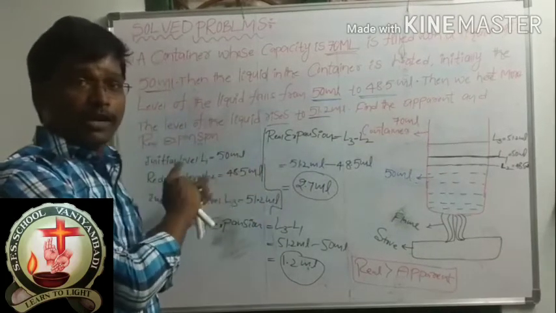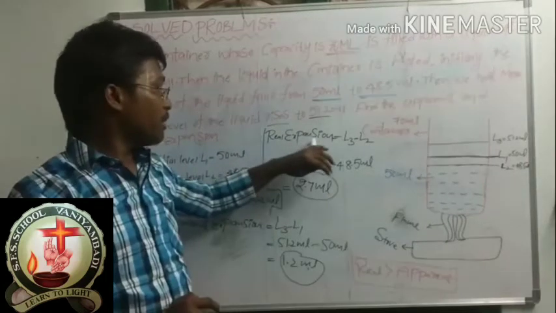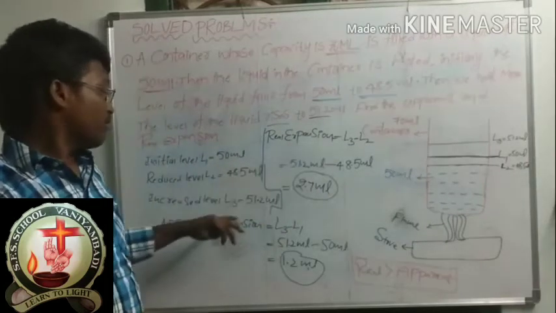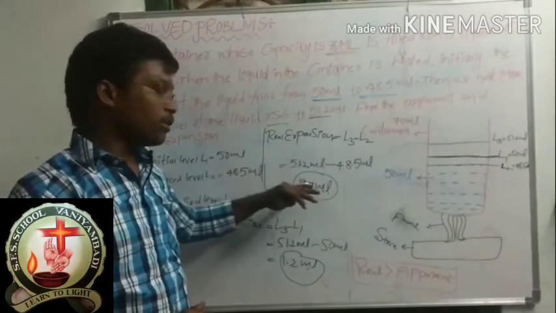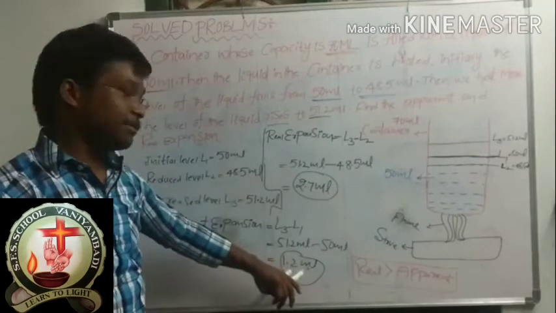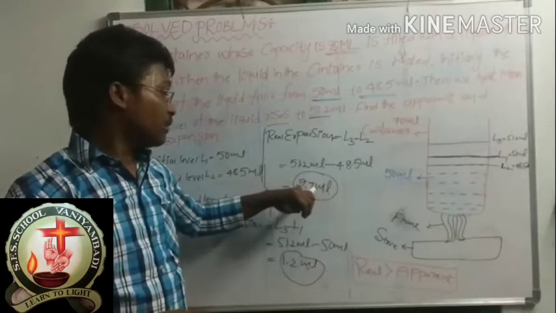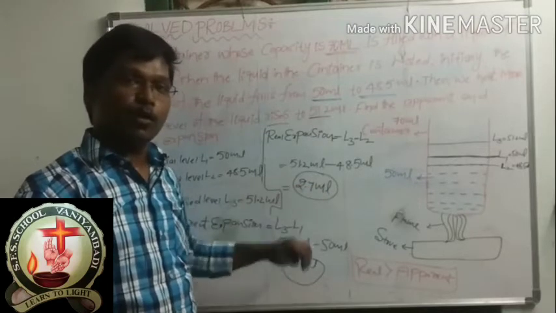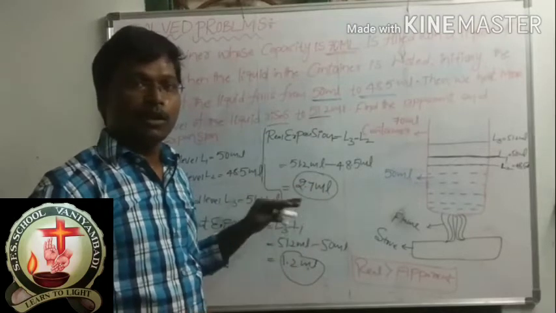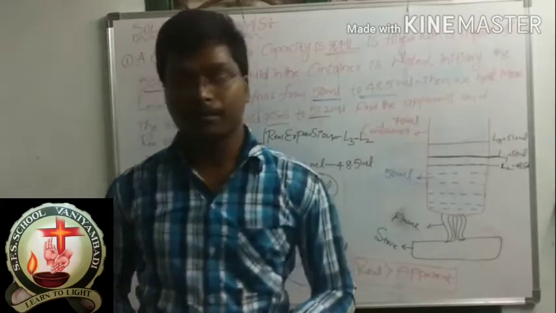We know the formulas directly, so I simply took the formulas and substituted the given values. I found 2.7 is the real expansion, 1.2 is the apparent expansion. So which is more? Real expansion is more compared to apparent expansion. Okay.